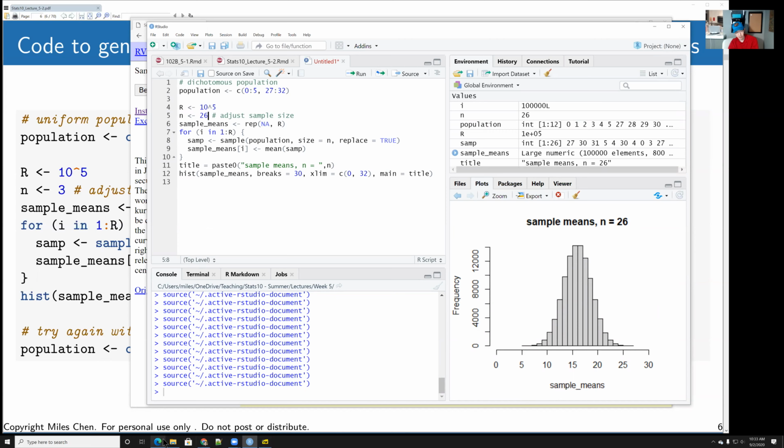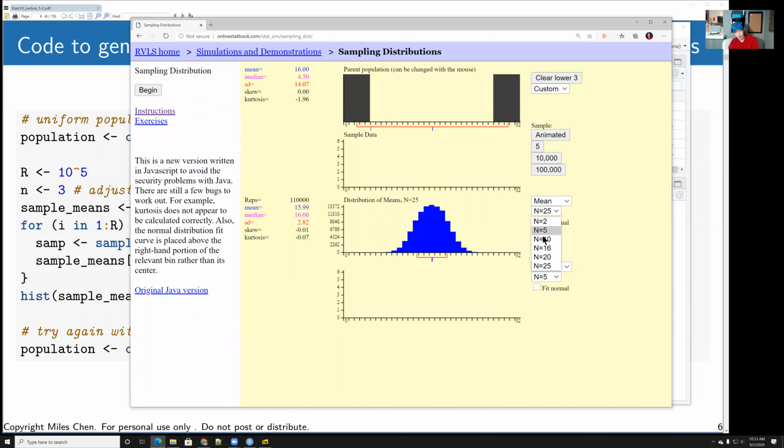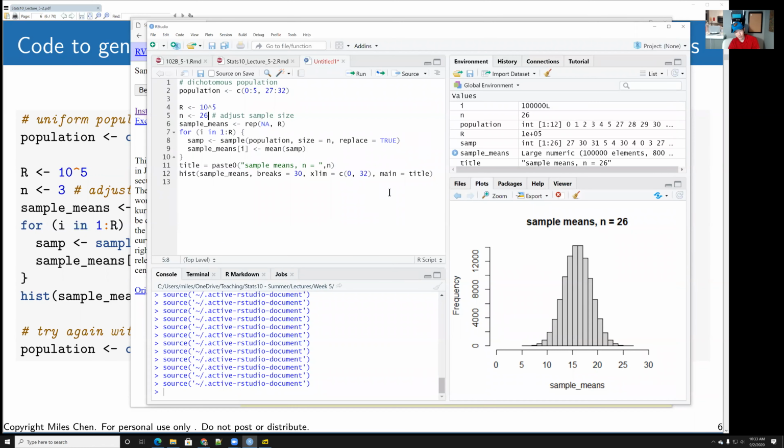It's just that with the web app, you can only select between 2, 5, 10, 16, 20, 25, and by running it in R, I can do all of these values in between, and we can see the distribution evolve.